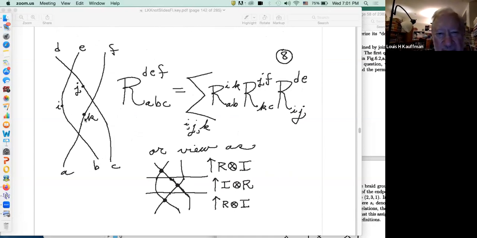A and B go to I and K. Then I and J go to D and E, and you have to think about all the possibilities. And so you sum over all the different intermediate possibilities here like that. And you get this path sum, if you like, for the amplitude for going from here to here. The amplitude for going from here to here is the sum over all the amplitudes that you could have.